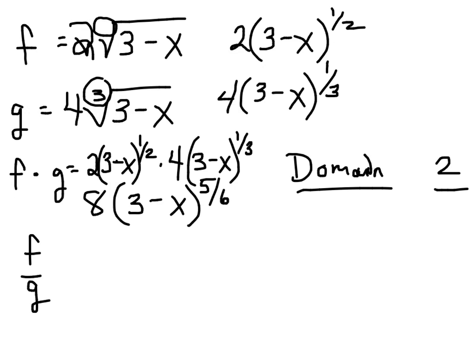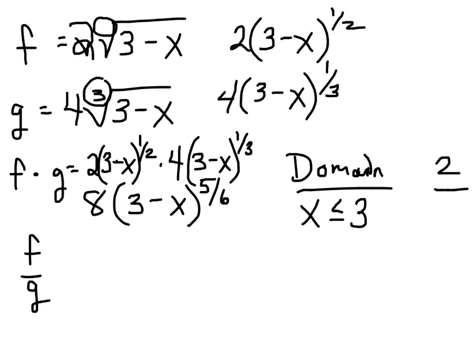Now, Courtney, good job correcting your answer. Do numbers to the left of 3 or to the right of 3 work on the number line? To the right. What number is to the right of 3? 4. If I put 4 back into this problem, what's 3 minus 4? Can I square root negatives? To the left. It's to the left of 3. Good job. So that means that x would have to be to the left of 3, or less than or equal to 3. That's my domain.